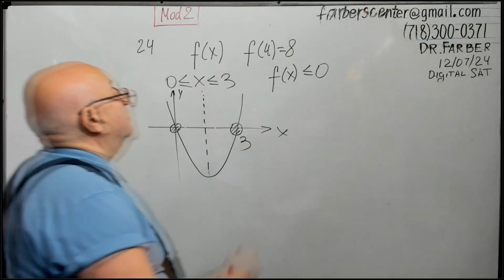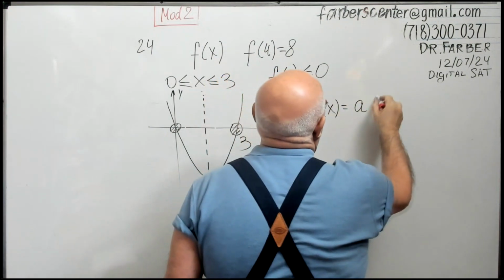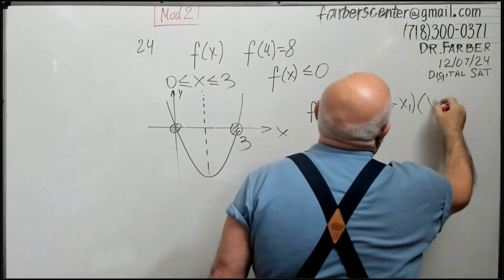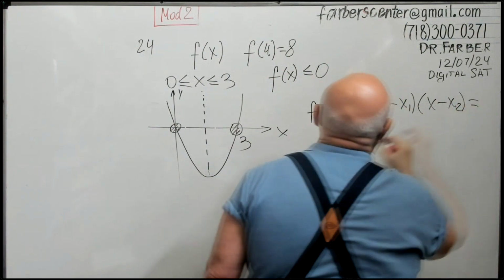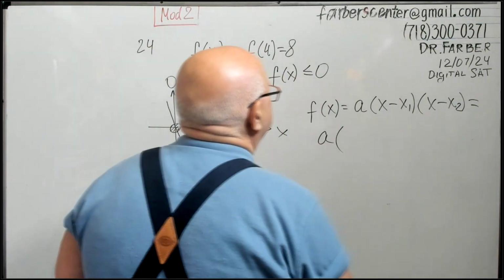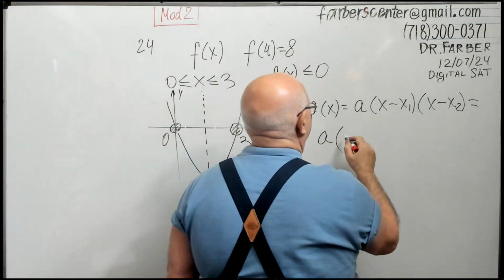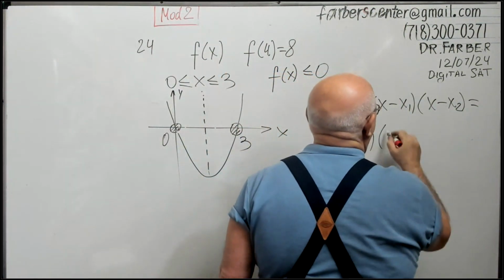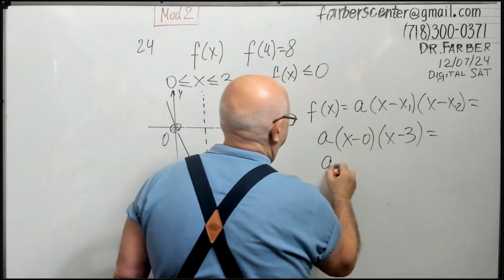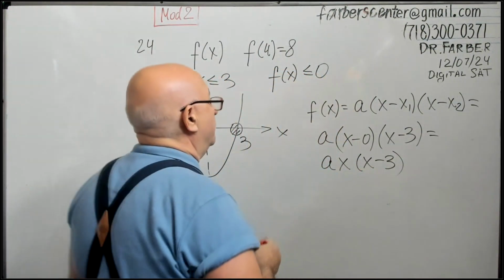You can represent this quadratic function as f of x equals a times x minus x1 times x minus x2, where a is some coefficient I don't know yet. x1 is 0, times x minus 3, so a times x times x minus 3. So this is my function.